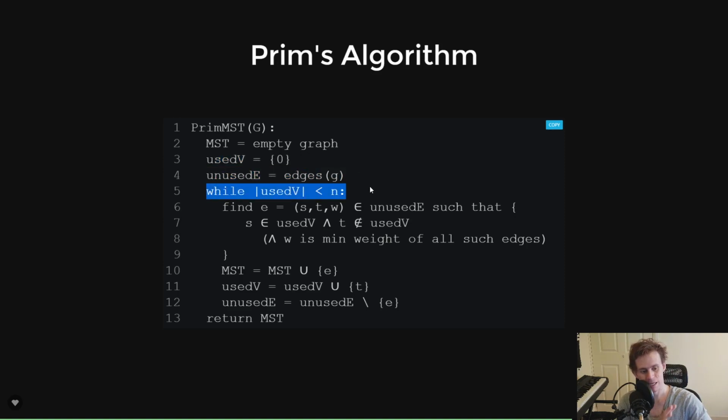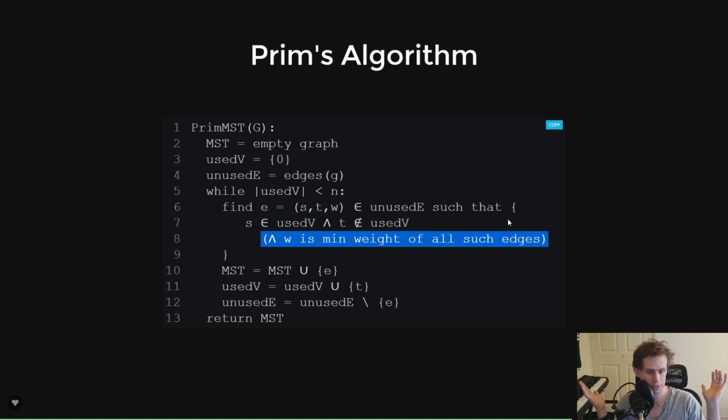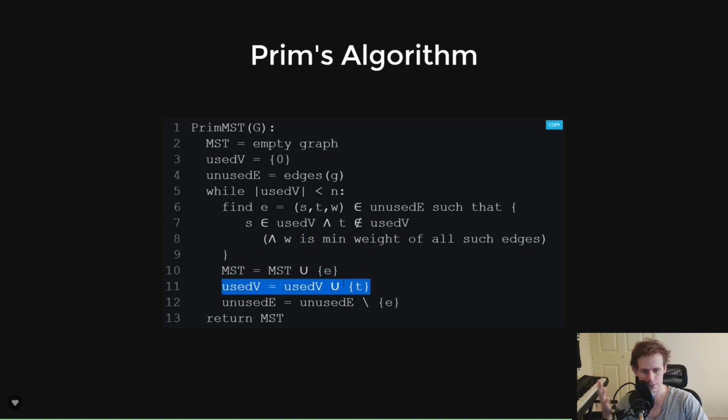This says let's keep going through this algorithm until we have connected all the edges. And then what this one's saying is I want, from all the edges in the graph, only the candidate edges, which are the green ones, and I only want the green candidate edge that has the minimum weight. And there's my edge. We connect that edge to the MST, we add the new node to our list, we connect the new edge and add it to our MST, play around with some sets and blah blah blah.